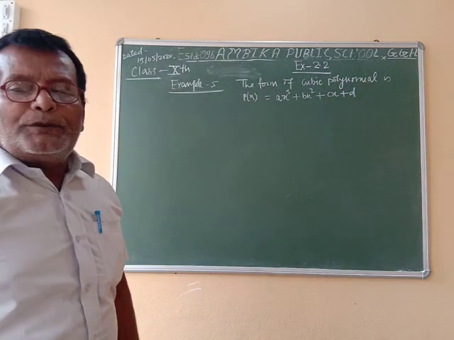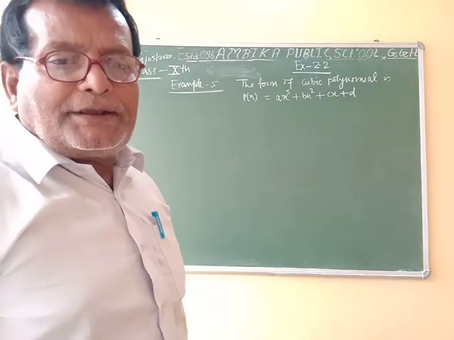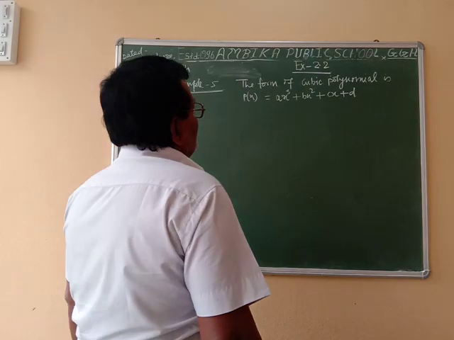The form of a cubic polynomial is ax cube plus bx square plus cx plus d.